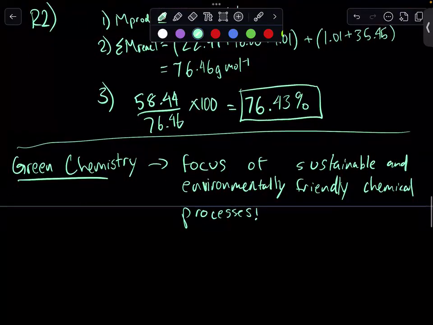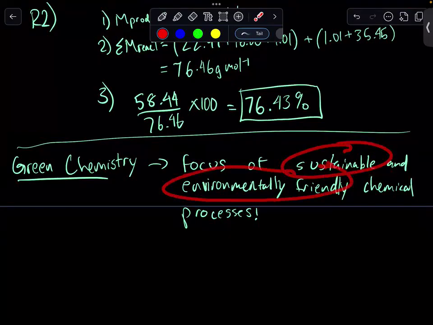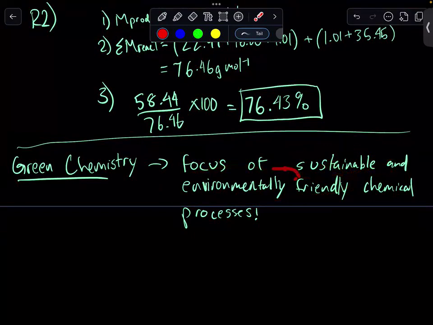So when we look at green chemistry, something about sustainable and environmentally friendly really catches my eye because that's the main goal. We want to make our product. We don't want to have byproduct that goes into the environment.